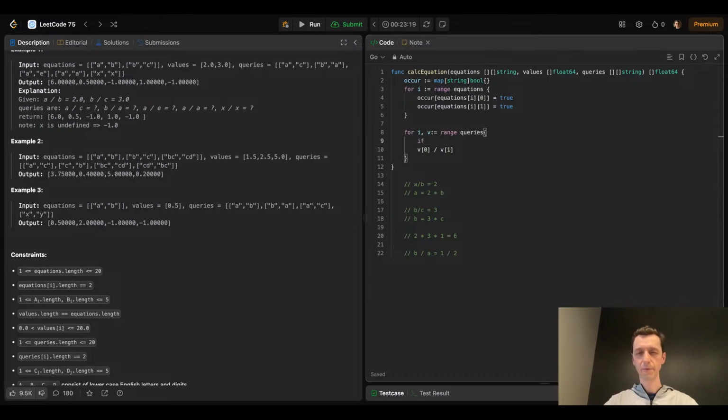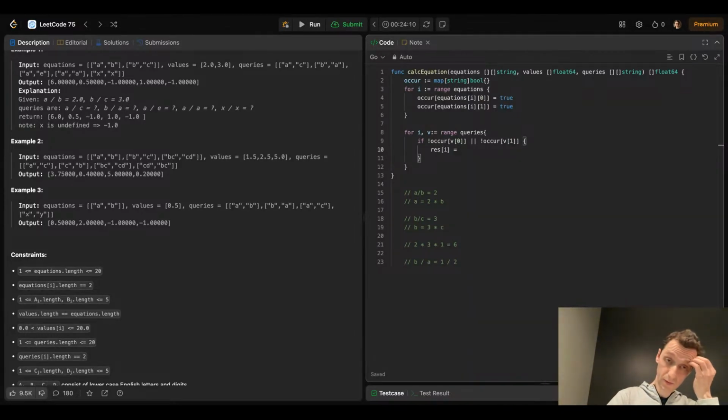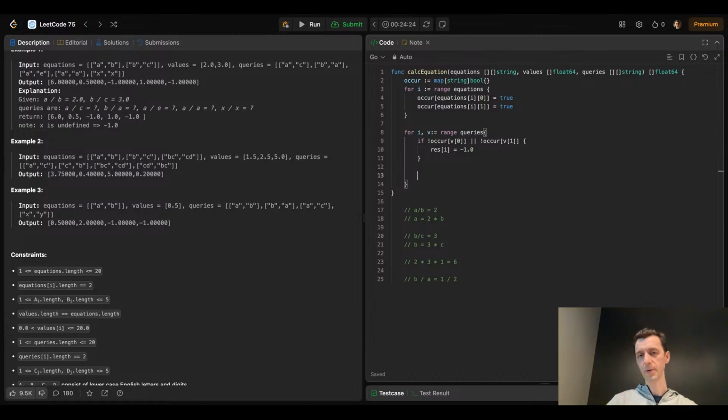If v0 doesn't occur, or the next variable doesn't occur, then we append to the result -1.